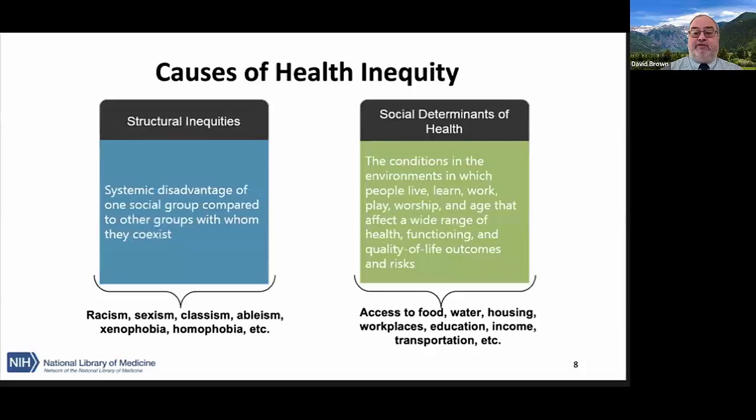These are the ones we like to focus on. This is what we do. So knowing this, we like to focus our interventions and ideas on the social determinants as we move forward.